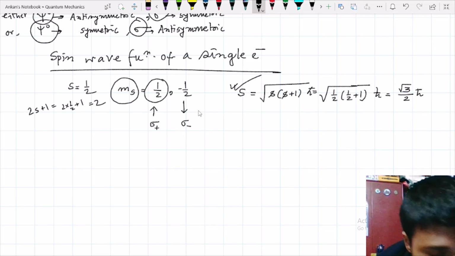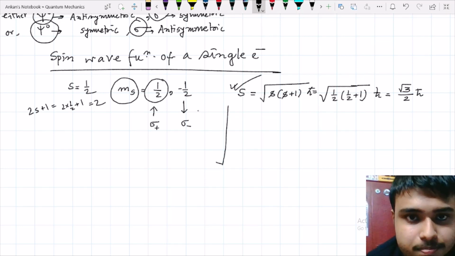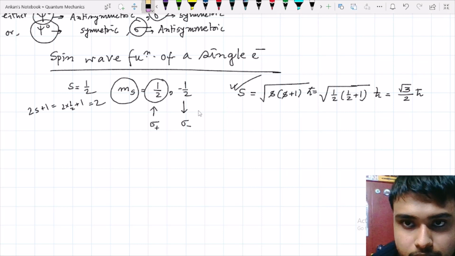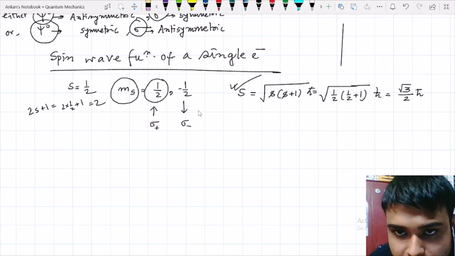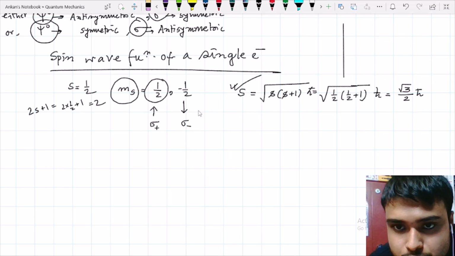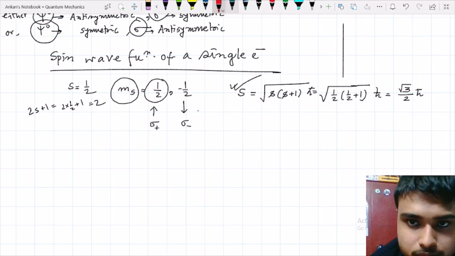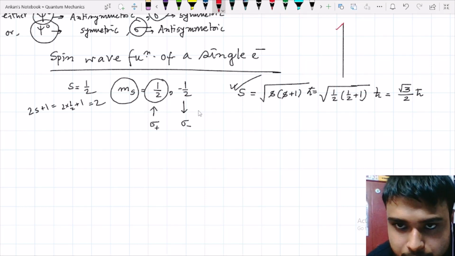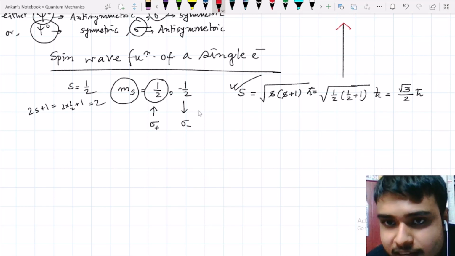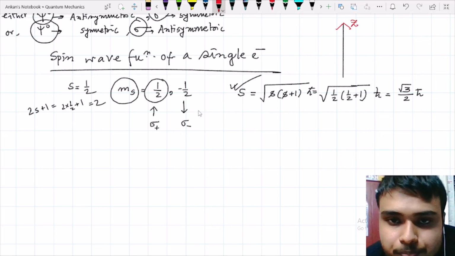Always take the magnetic field direction along the z-axis for simplicity.